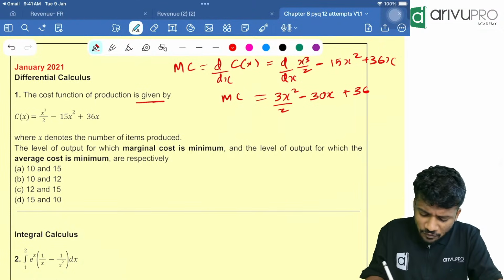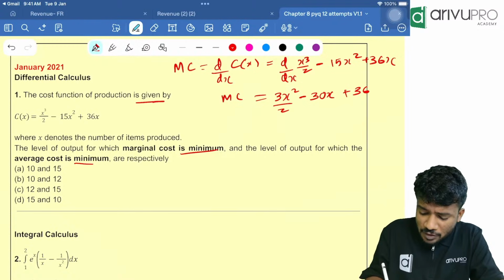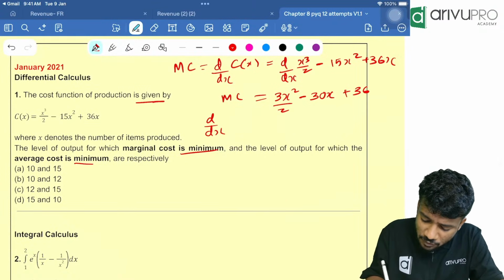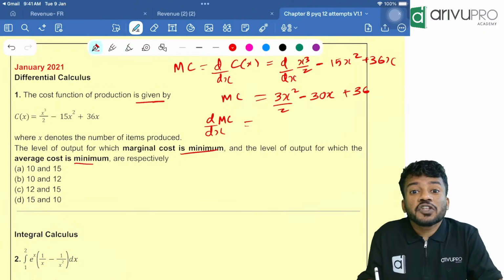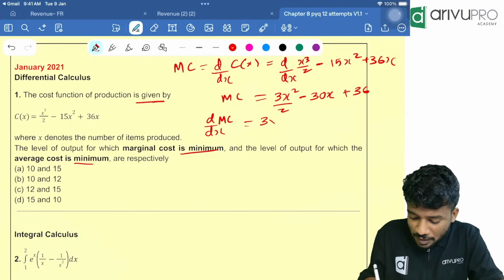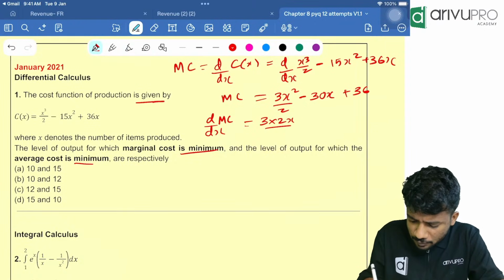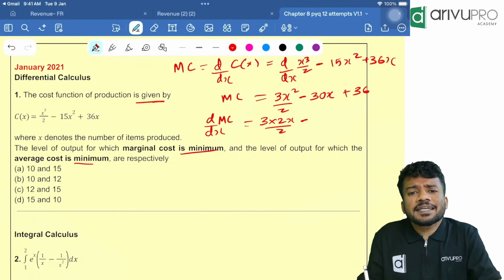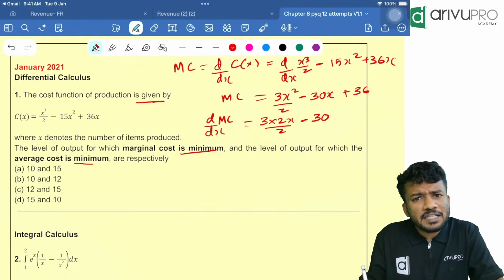Now we need to find the minimum value of marginal cost. How to find that? We need to take the derivative of marginal cost. Derivative of 3x square by 2 is 3 into 2x, divided by 2, minus 30x gives 30 only, because d by dx of x is 1.